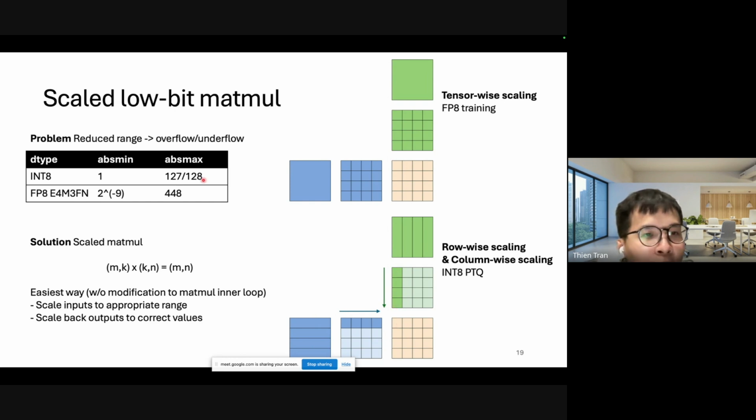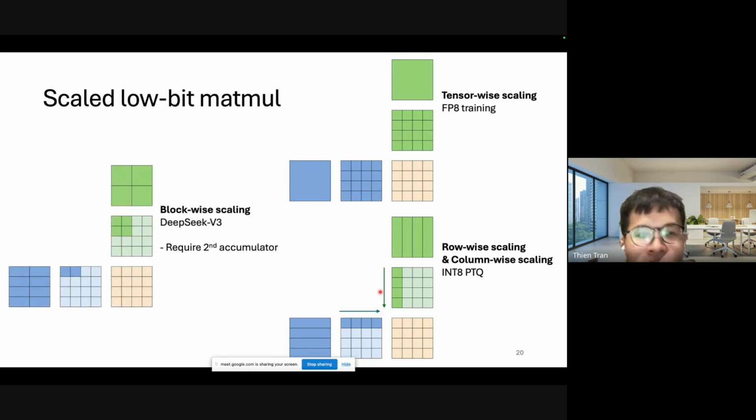We just do a low-bit matmul of this with this one, and then we scale the output. We can do the same thing for every other value in the output matrix. I call this the simplest way because we can just factor out the scaling and put it back at the end. So there's no modification to the matmul inner loop, which is the loop over this direction when we do the dot product here.